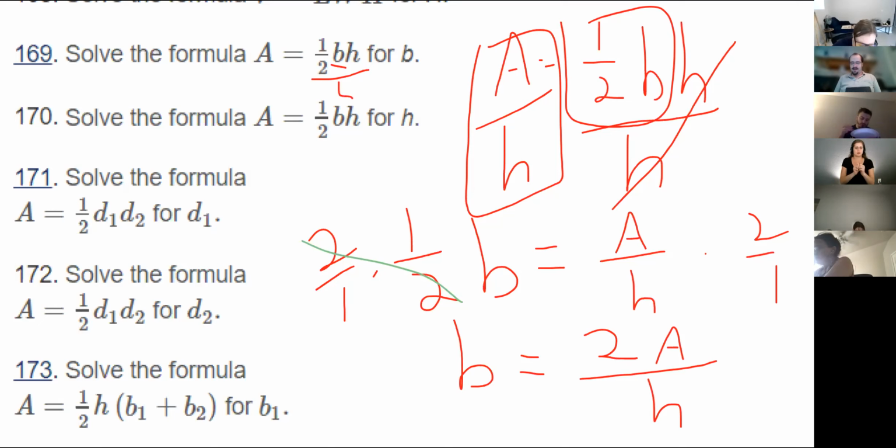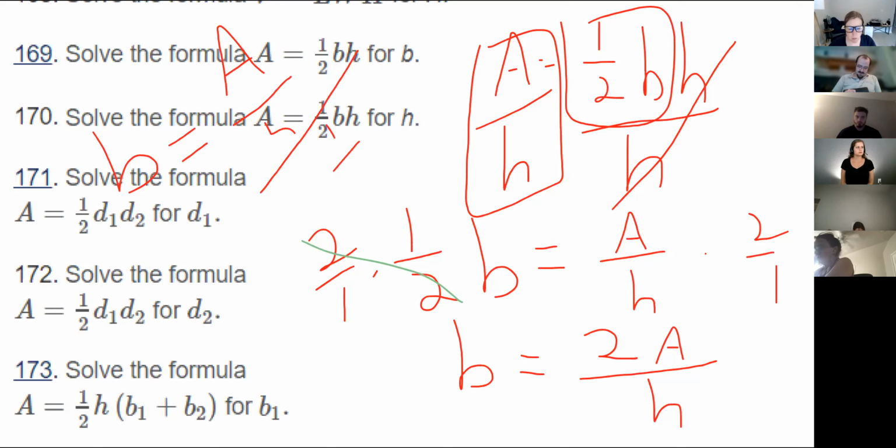I'm trying to think, if we did a over h over a half, that might be something you ended up getting. If you ended up with something like a over h over a half, we typically don't like to write fractions within fractions. So if you did this, you would have to rewrite it a little bit.